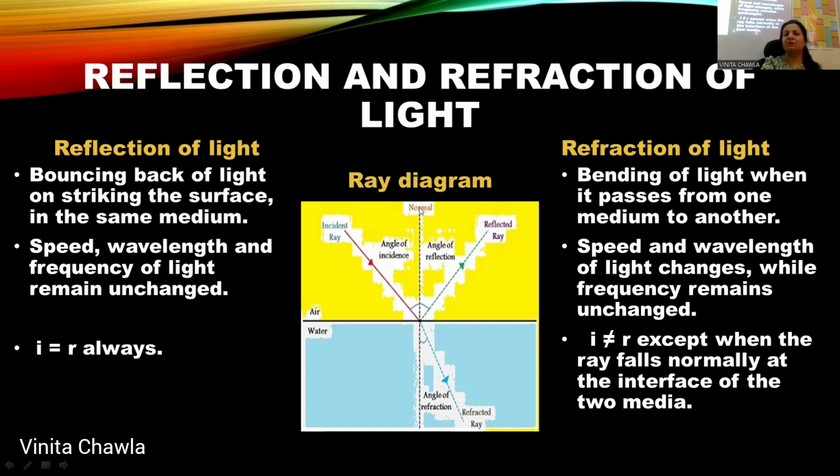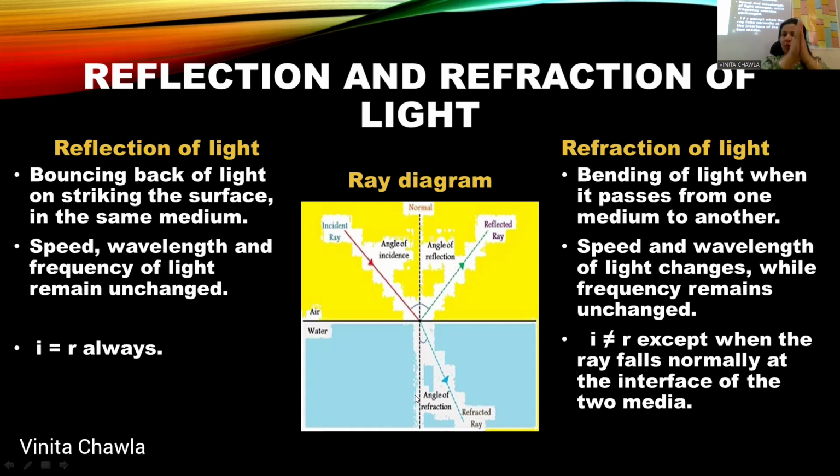If a ray falls normally at the interface, it goes straight, undeviated, like this, air to water. In that particular case, both the angles are equal to 0 degrees.